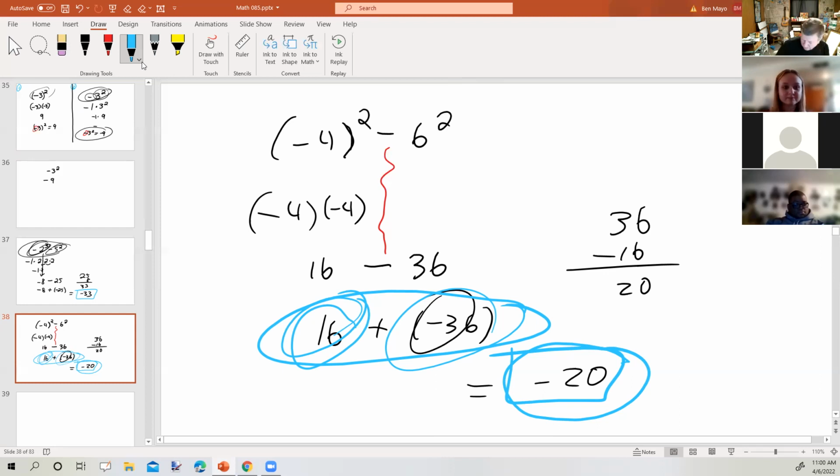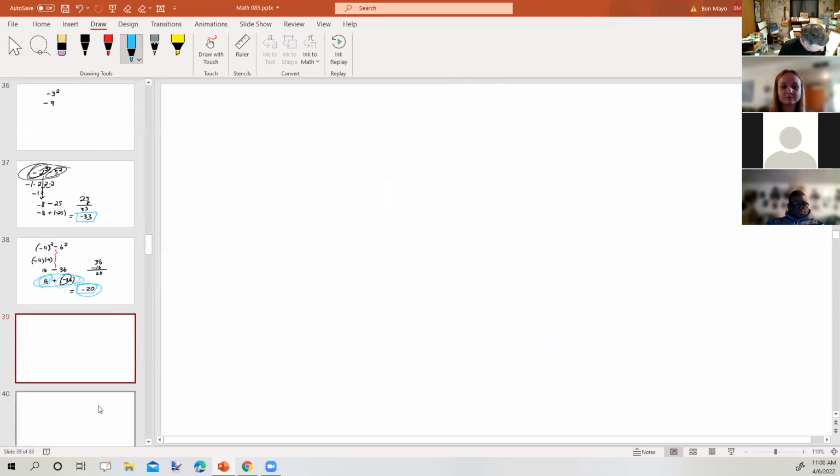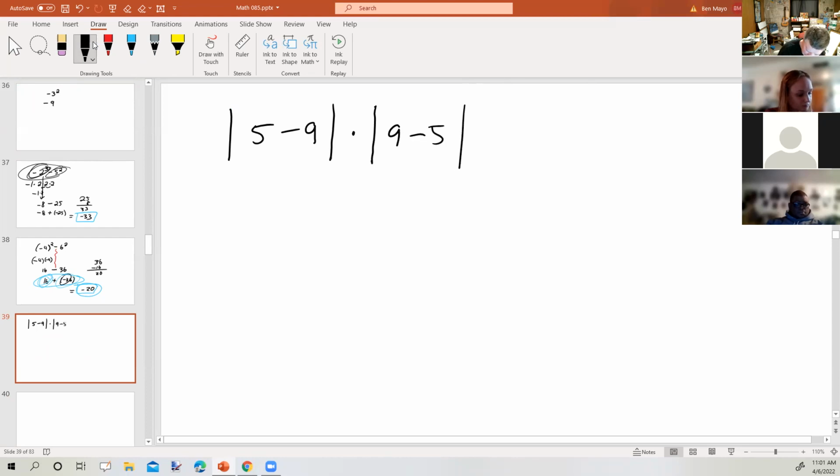Let's see here. We got 2 minutes. Let's do this one. We've got the absolute value of 5 minus 9 times the absolute value of 9 minus 5. Wow, we haven't seen anything like this before. Absolute value bars are a grouping symbol.